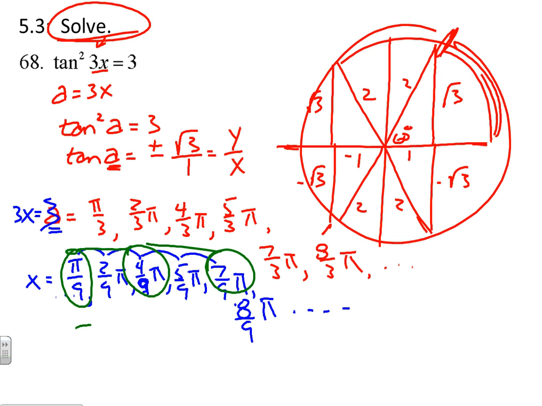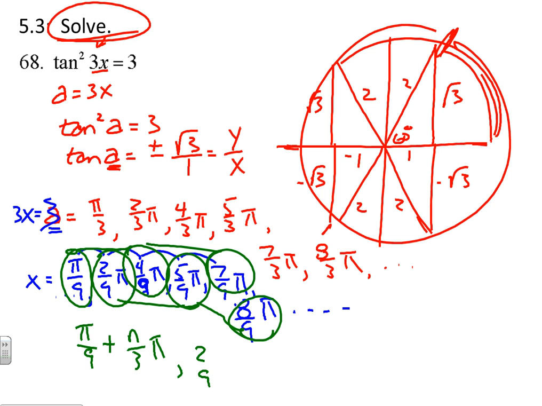So I could start at pi on 9 and add multiple 1/3 pies. Likewise, from here to here, I go up 3/9. So I could also start at 2/9 pi and go up multiple 3/9 pies, or multiple pi on 3s.